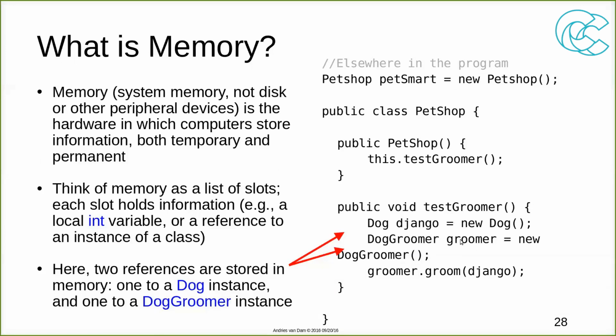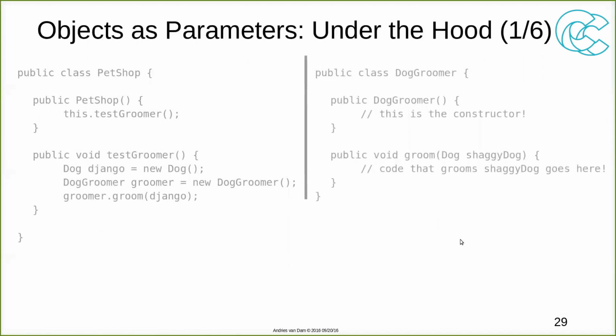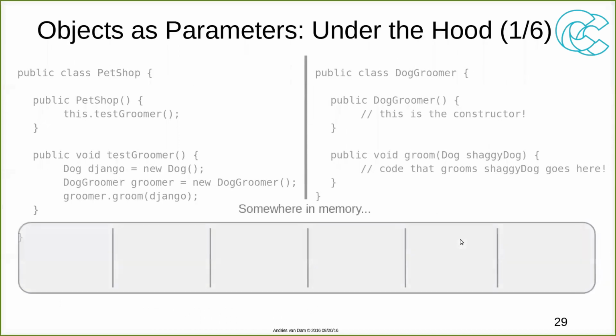So now let us see what happens in terms of the slot allocation, or memory allocation. Somewhere in the memory, you have this list of slots. This is the memory. Let's see what happens whenever we create these new instances and make these method calls.